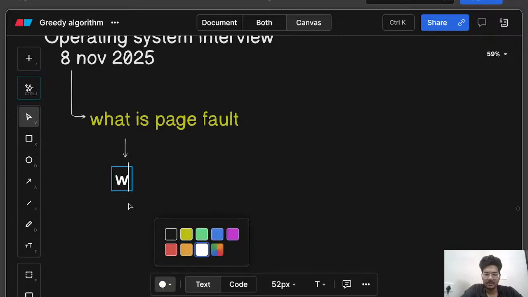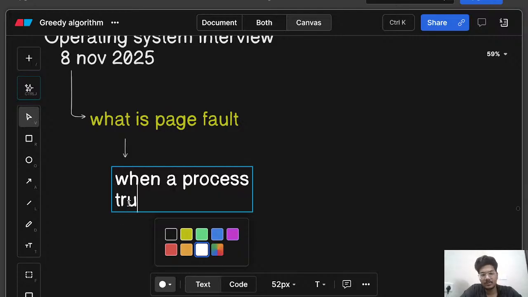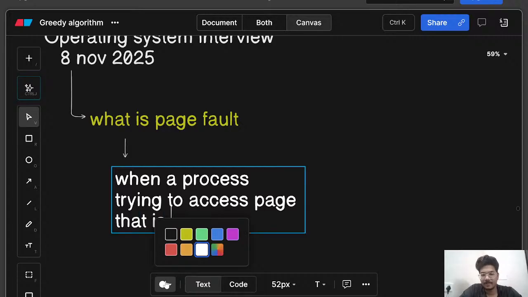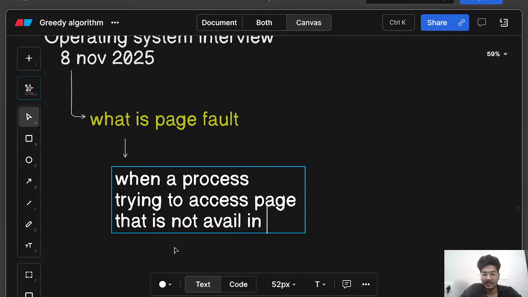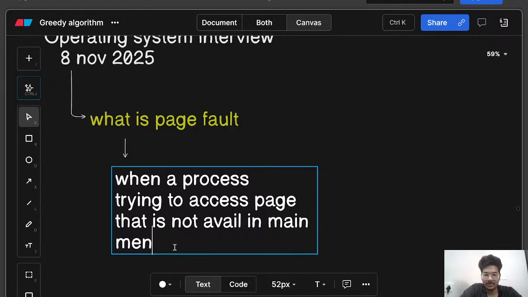Main memory means RAM, inside the RAM. So when a process is trying to access a page and that page is not available in the main memory, then a page fault occurs.